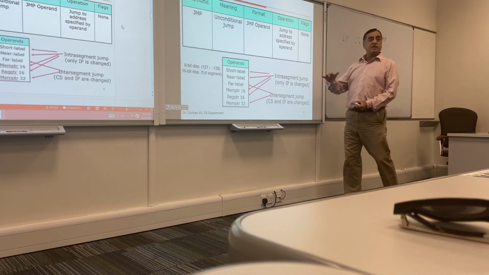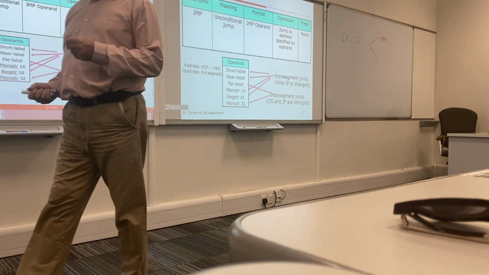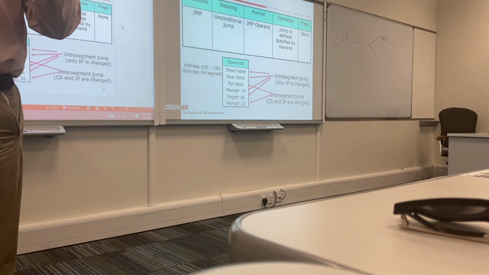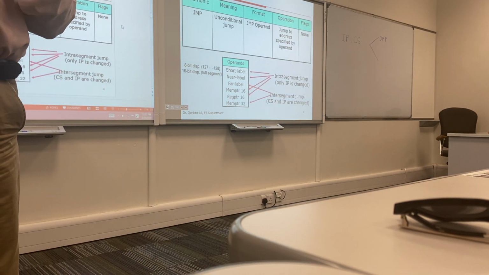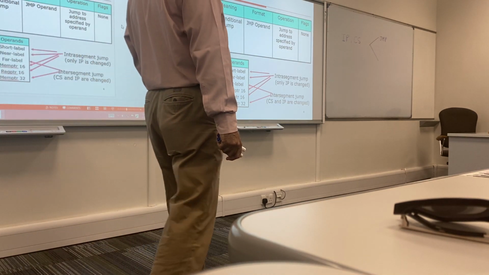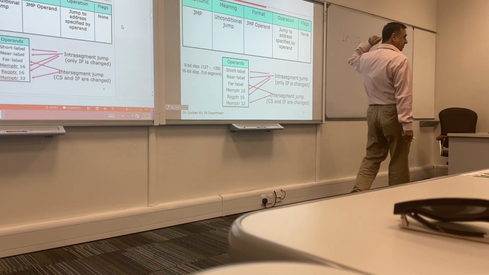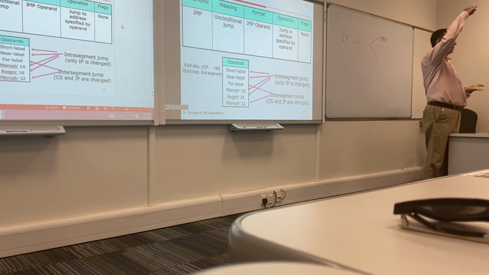But now, how big is the jump? How big is possible, right? Now it depends on which mode we are in. Are we in the real mode? Are we in the protected mode? Or are we in the flat mode? In the original 8086 microprocessor, jump was very limited. Only 256 instructions up or down.